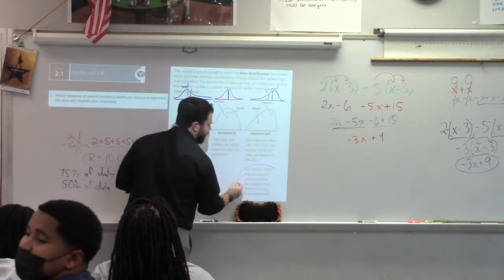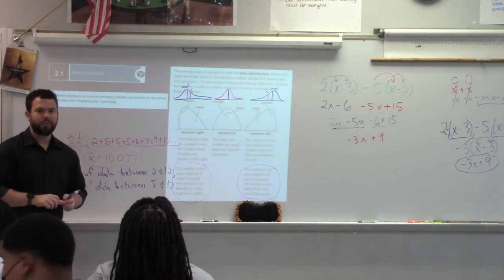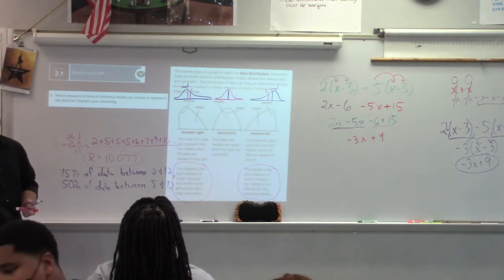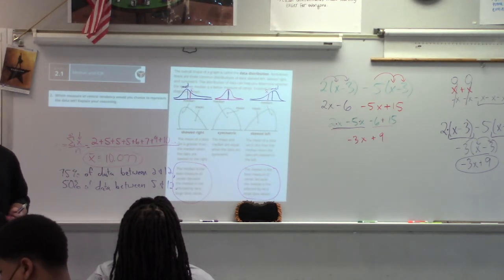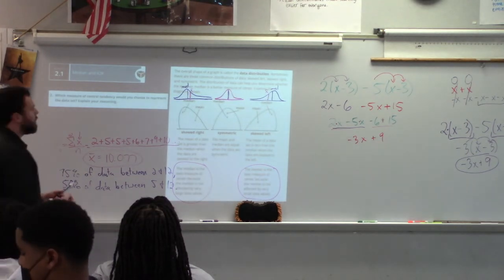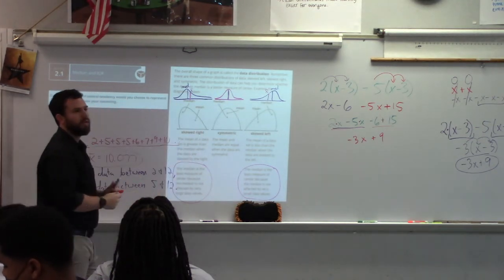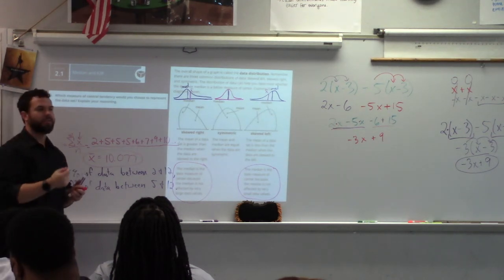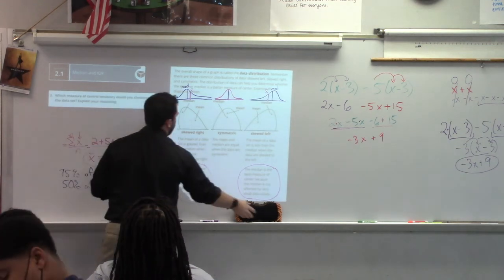all of this information, it appears when there is skewness, which measure of center is better? The median. When there is skewness, the median is the better measure of center because the mean is pulled in the direction of that skewness. When there are outliers, the median is a better measure of center because the mean is pulled in the direction of the outlier.